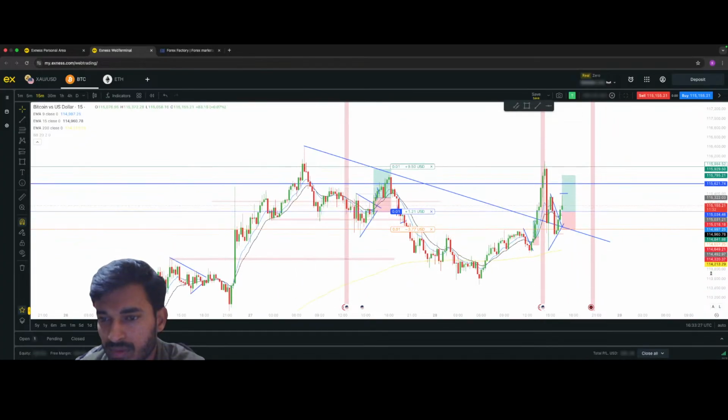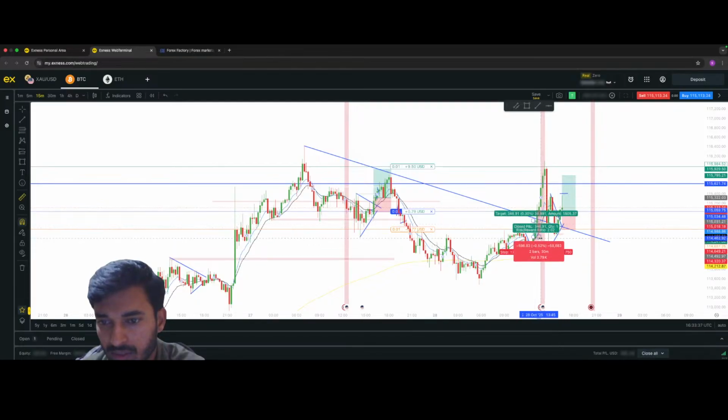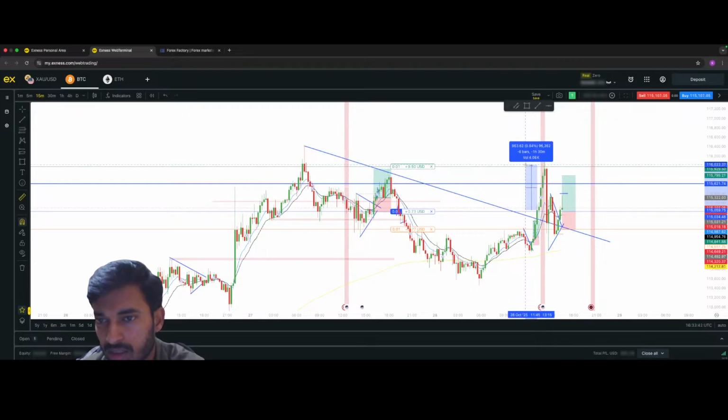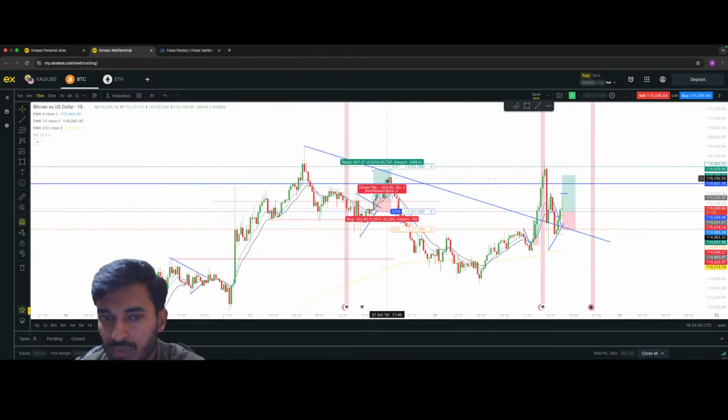So many people would have entered here. 1:2, same entry here. Stop loss might be here or here below this, and the target. It has almost reached the target, and it has taken a stop loss over here. Now overall there is a resistance, right? So it is coming down.